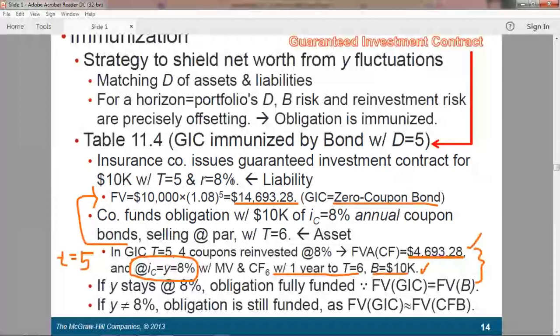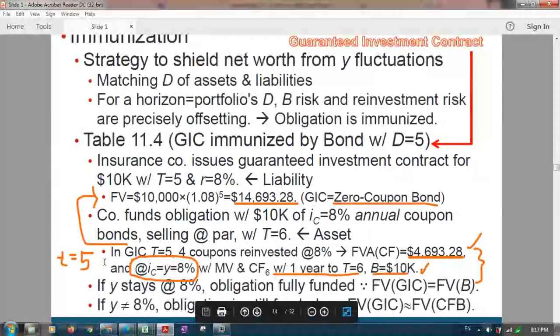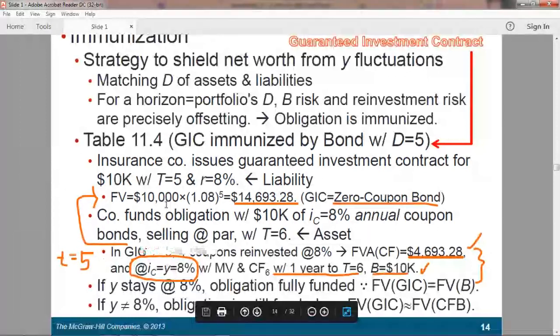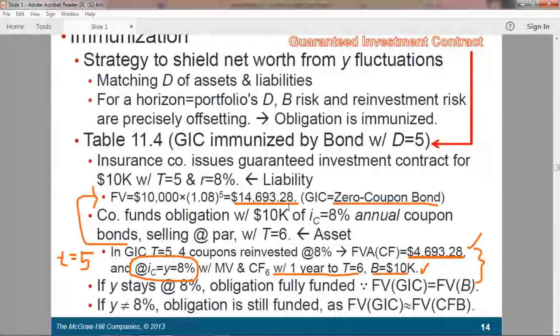So then in 5 years, your payment obligation is the future value of this 10K, that is 10K times 1.08 raised to 5. It's going to be 14,693, right?